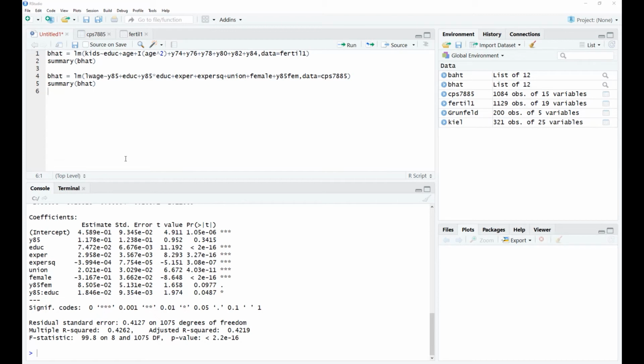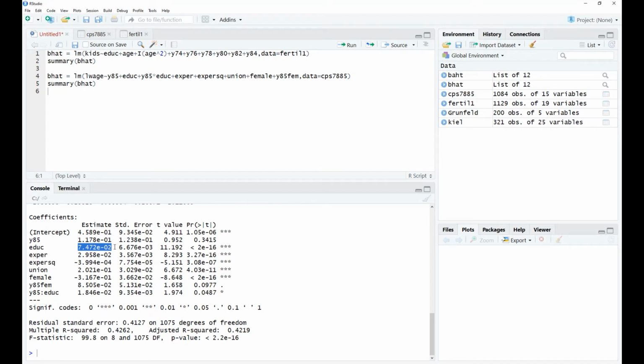So note that education is measured in years and that the wage is taken as the natural log. So what this means is that for an additional year of education, we interpret this coefficient as a percentage change of the wage. So what this model means is that the return to education in 1978 was 7.47%, which is this coefficient highlighted here.